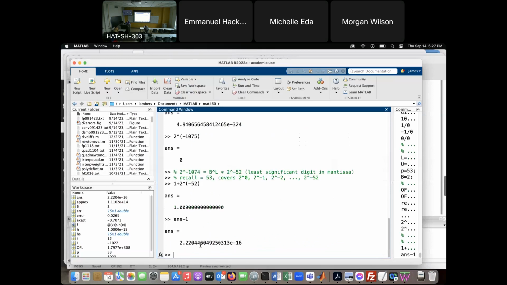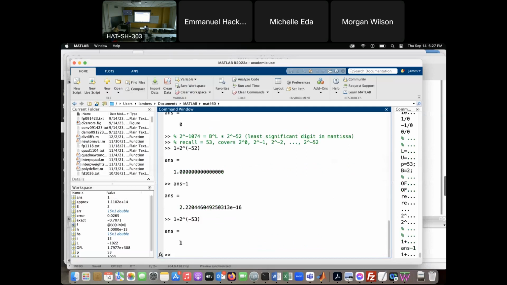In fact, it's 2 to the minus 53. Oh wait, no, this is 2 to the minus 52. So what I added to it. On the other hand, if I do 1 plus 2 to the minus 53, it just says it's 1. In other words, the 2 to the minus 53 got ignored.